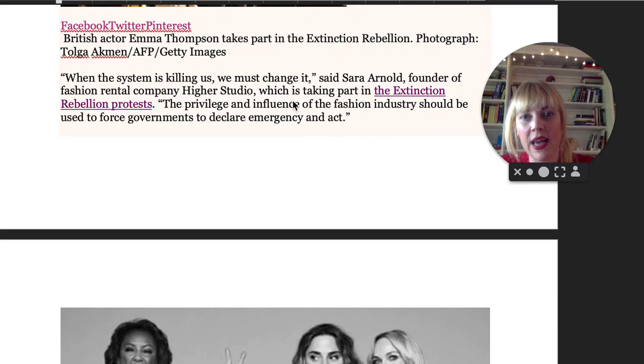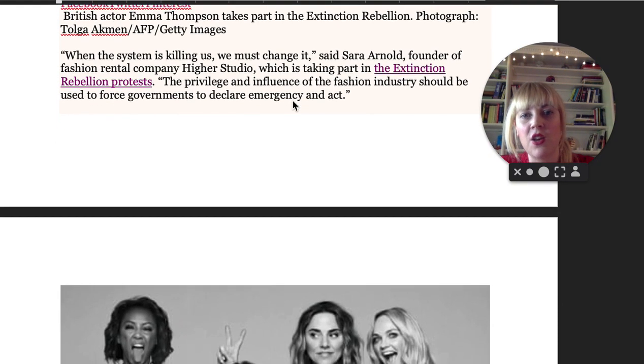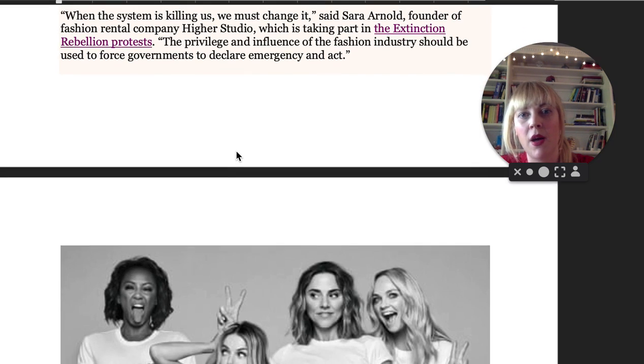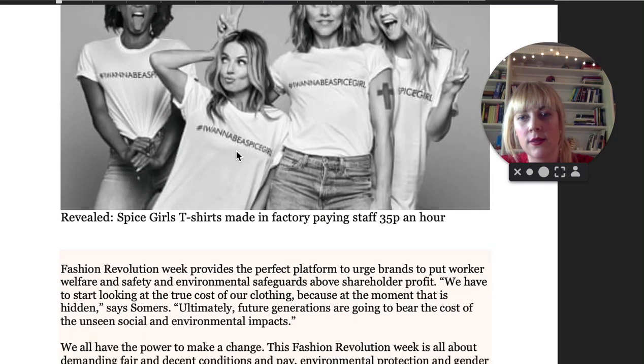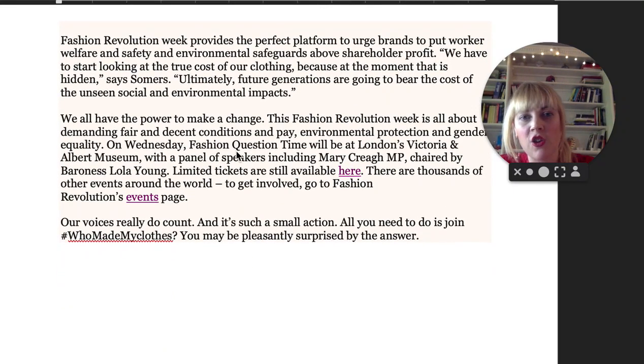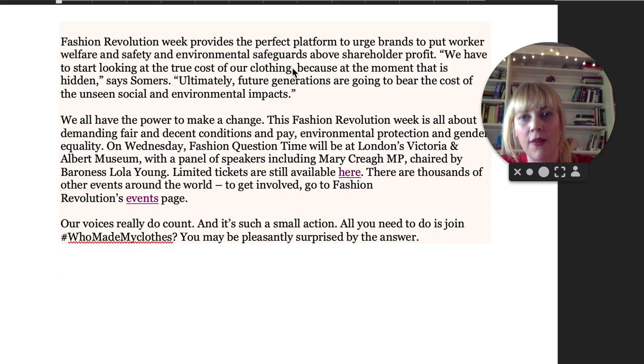When the system is killing us, we must change it, said Sarah Arnold, founder of fashion rental company Hire Studio, which is taking part in the Extinction Rebellion protests. The privilege and influence of the fashion industry should be used to force governments to declare emergency and act. Fashion Revolution Week provides the perfect platform to urge brands to put worker welfare and safety and environmental safeguards above shareholder profit.